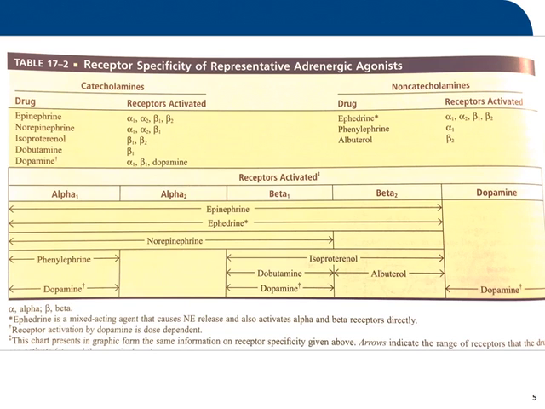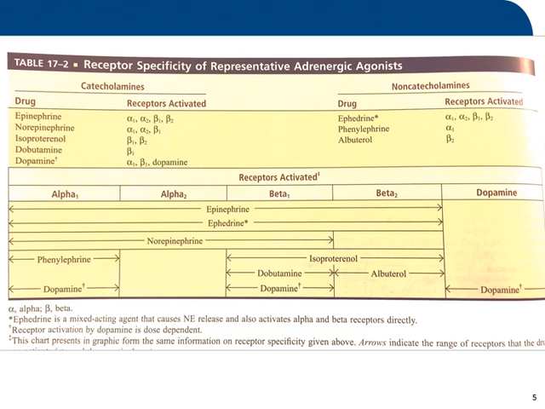And that's what table 17.2 from your book is basically depicting. So you don't have to necessarily memorize this, but I do think it would be wise for you to look this over and become familiar at least with where the different drugs act according to the specific receptors.